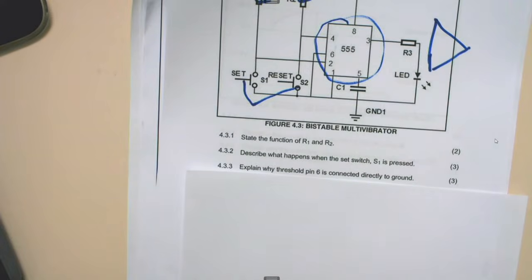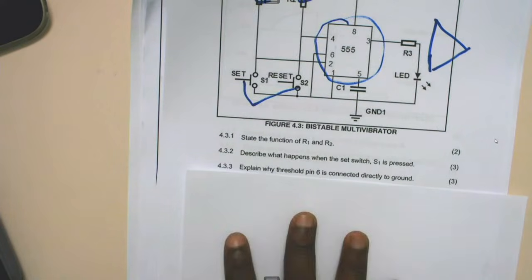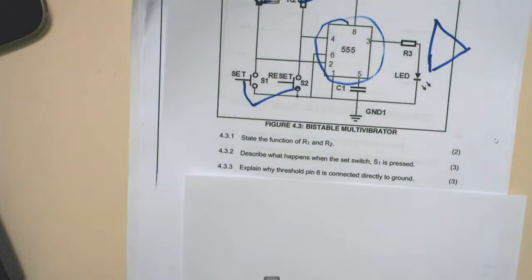But the answer for that one, you've got to put it in a way that will justify the 3 marks that are put aside as the allocation there. So normally you say the trigger pin 2 will be pulled low if S1 is pressed and cause the IC output to flip and rise high, turning the LED on when the set switch is pressed.